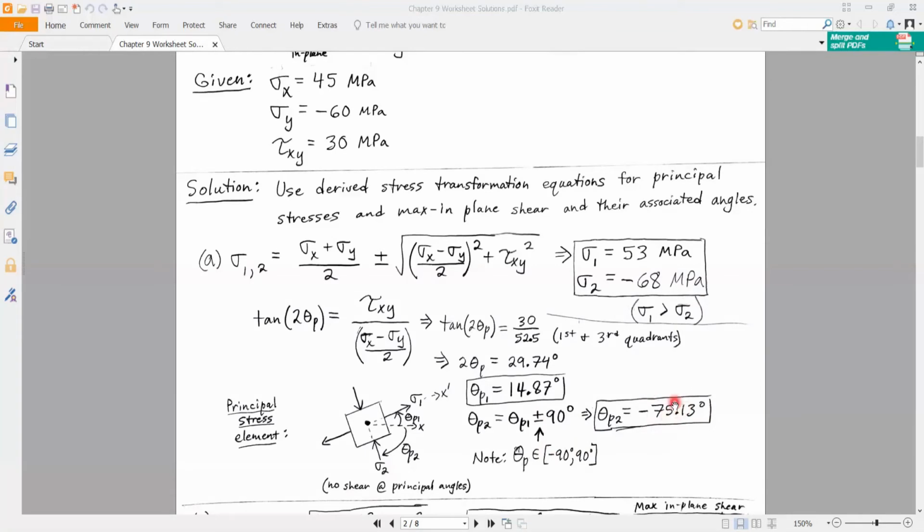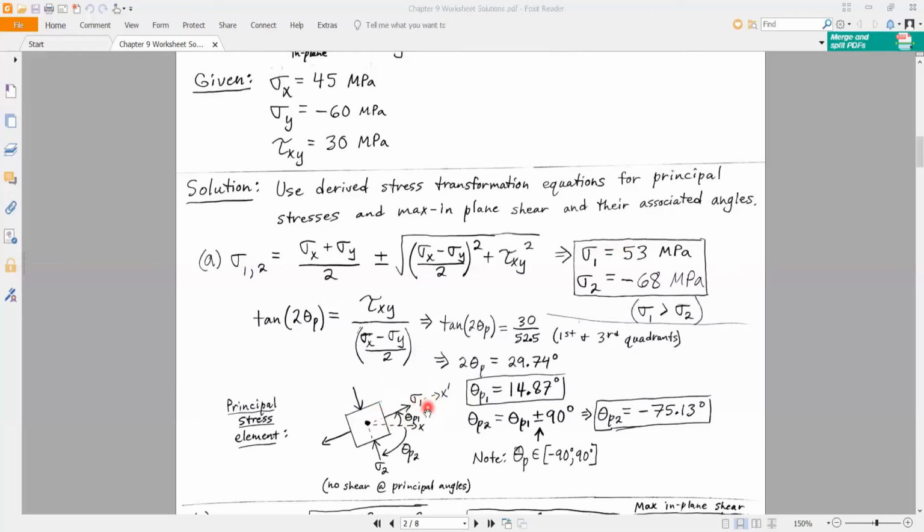That's an important thing to do, not just for this homework, but for your next homework and on your quizzes and exams. So when you draw your element for principal stresses, remember all you have is normal stresses. Okay, when you have maximum normal stress, you have 0 shear stress, so no shear. And then our angle to theta P1 from our original x-axis, sigma 1, that's a tensile stress, so it's going away from the element.